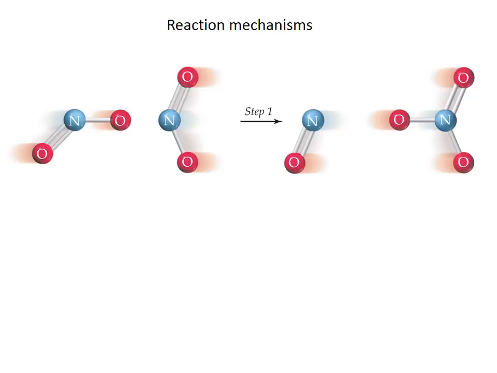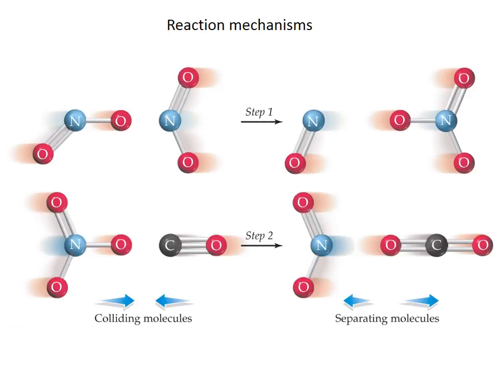The example from your book is a two-step reaction where in step 1 a molecule of nitrogen dioxide collides with another identical molecule of nitrogen dioxide, and those form one molecule of nitric oxide and one molecule of nitrogen trioxide. And then in step 2, that nitrogen trioxide reacts with a molecule of carbon monoxide, and that reforms one of the molecules of nitrogen dioxide and a new molecule of carbon dioxide.